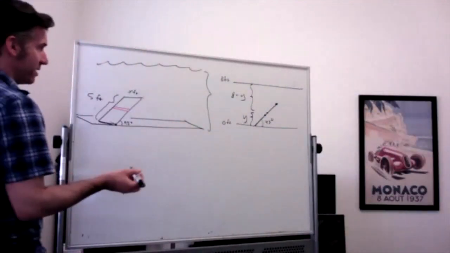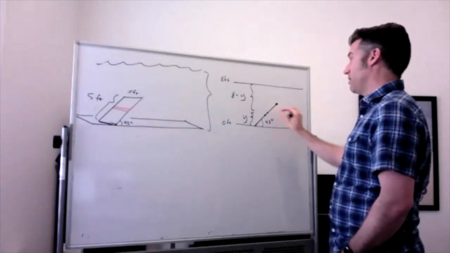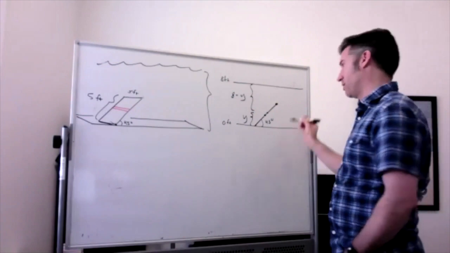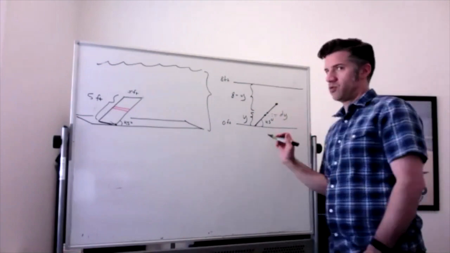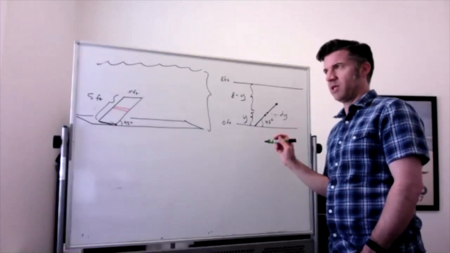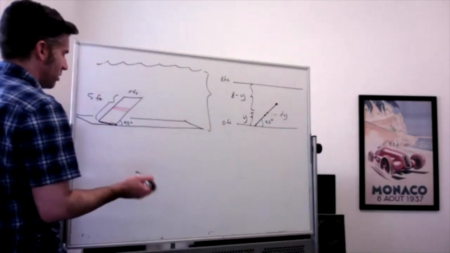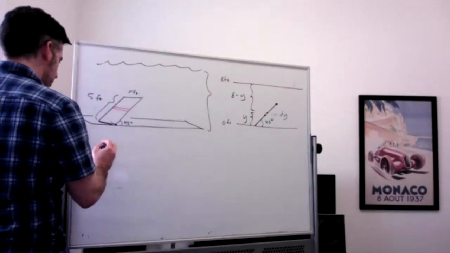So we could definitely say that if I'm thinking of this having a height of dy, then the length of that part is exactly root 2 times dy. Let's double check that. Yeah, it's longer. It's root 2 dy.